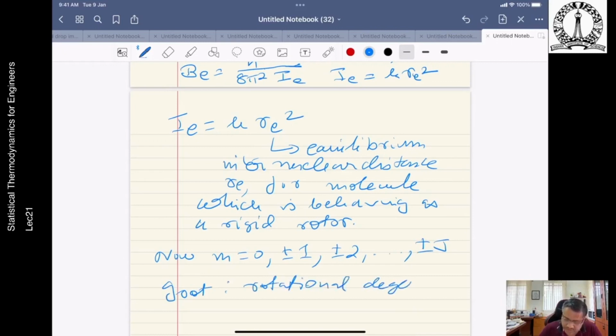Rotational degeneracy is given as 2j plus 1.